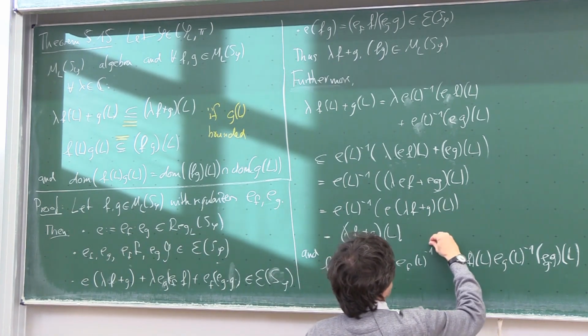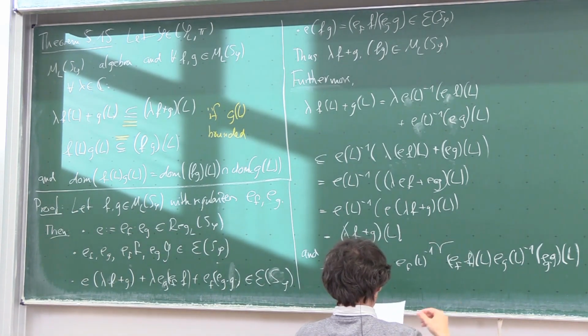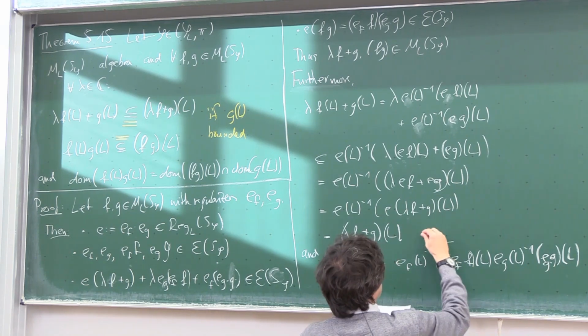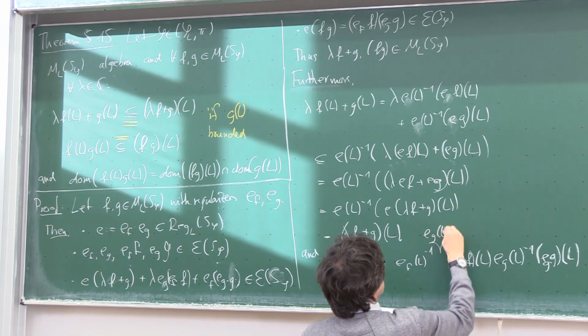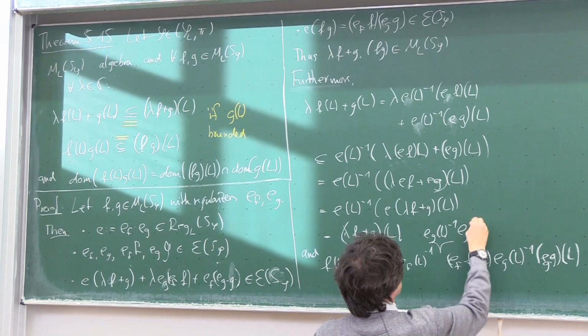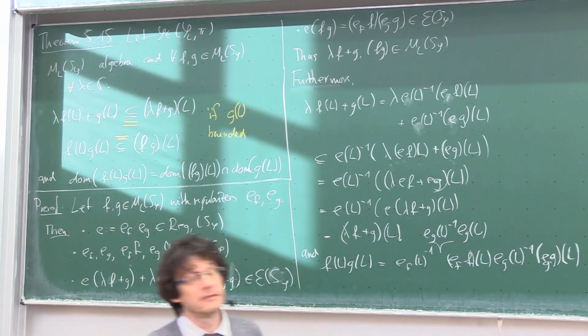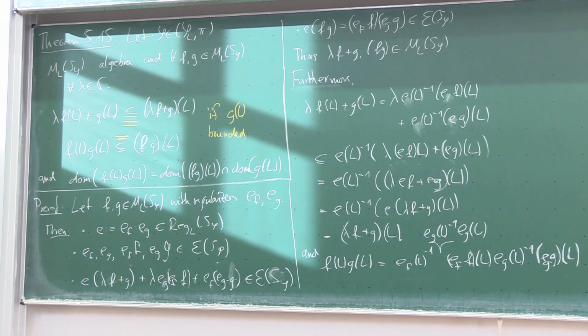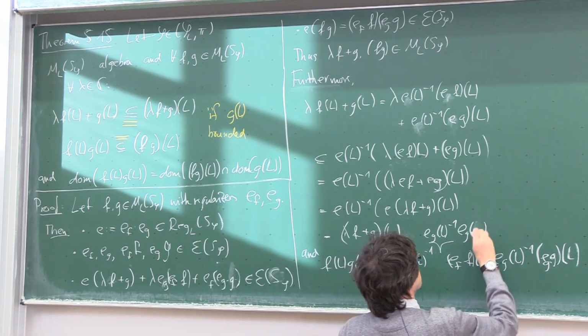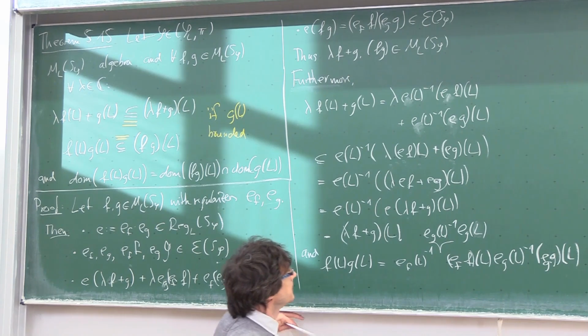And now the right thing to do is to put in here a do nothing, an identity. So you put in here EG of L to the minus 1 EG of L. Now this is an identity on H, so you can put it in without any problems.